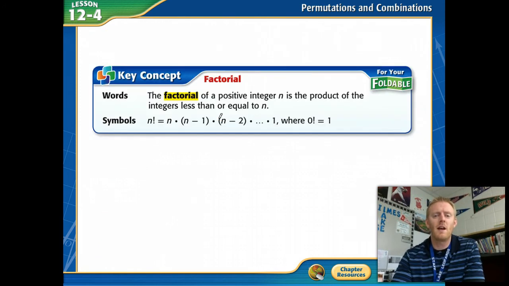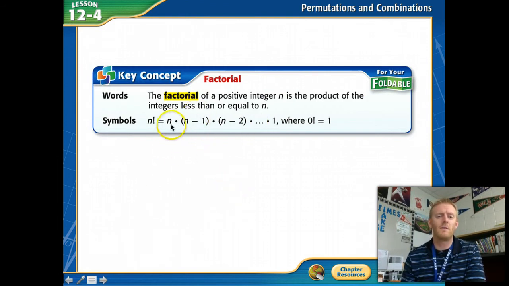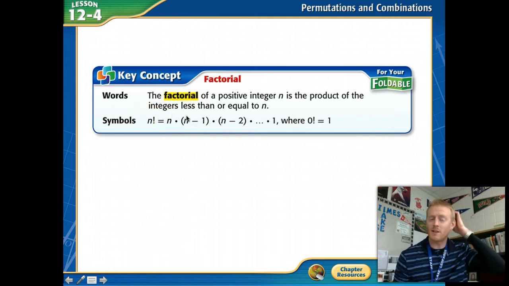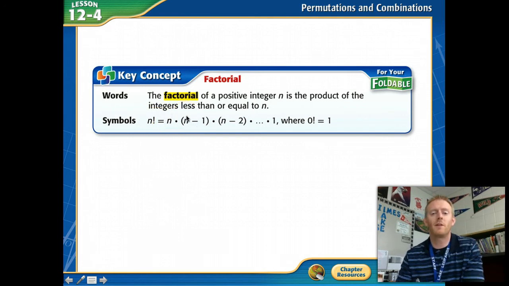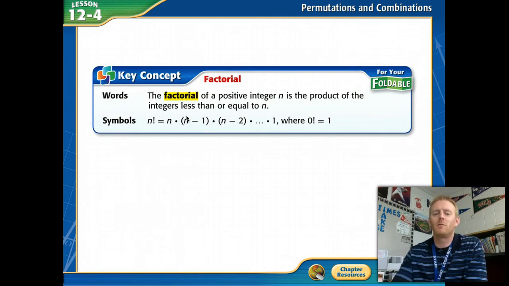Let's keep moving on. So that symbol that I just wrote, that exclamation point, is a factorial. That just means that I'm going to be multiplying each number by, so if it was 10, it'd be 10 times 9 times 8 times 7 times 6 times 5 times 4 times 3 times 2 times 1. And I can't go 0 because 0 times everything makes it 0.